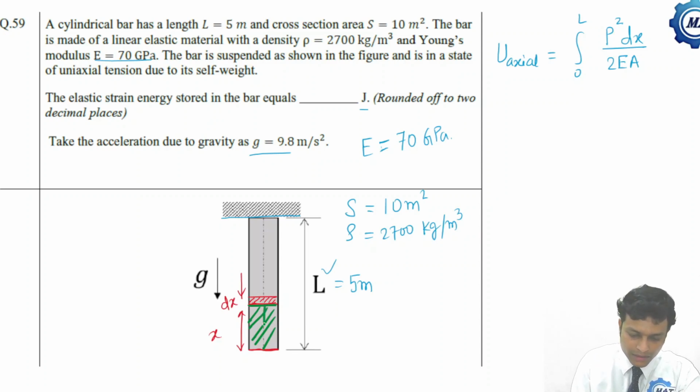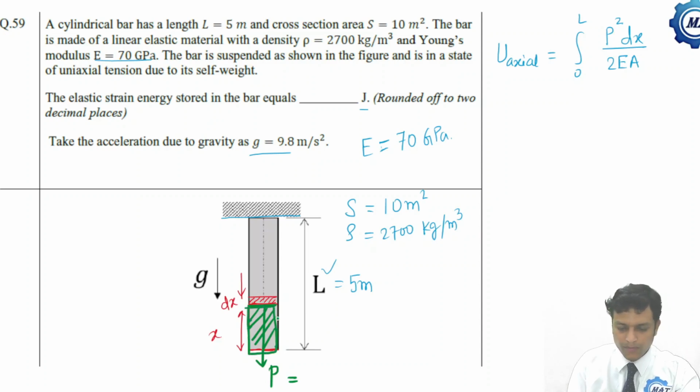So if the load is P, that should be the weight of this green hatch part. At the free end it is 0, then slowly it is increasing as we go upward. So what should be the volume of this?